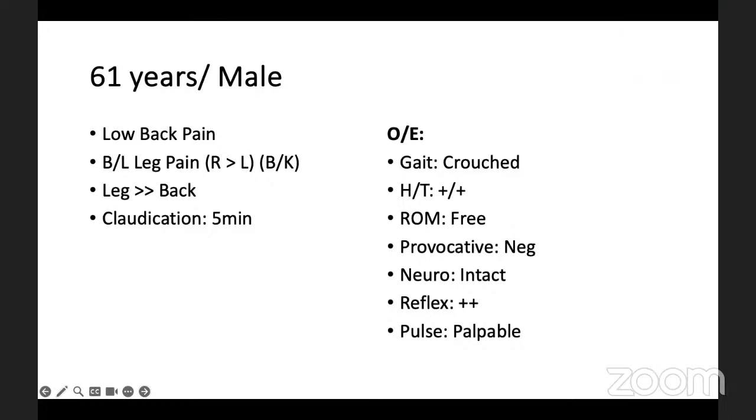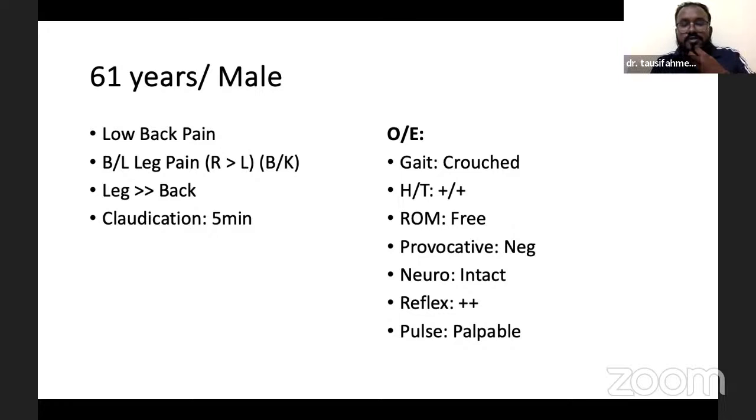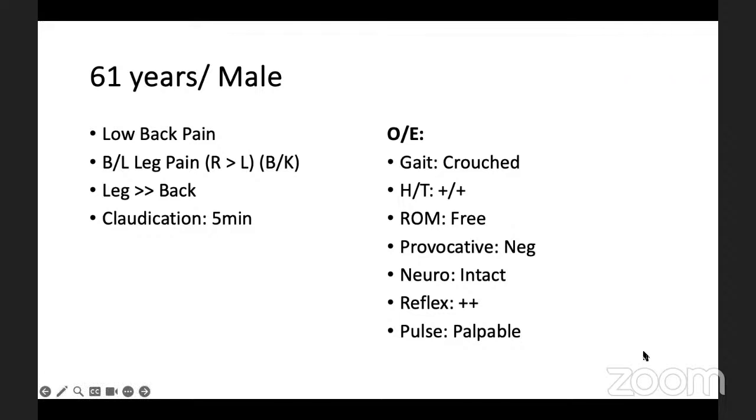Virendra? On the examination, how much claudication pain is after 5 minutes? Yeah, claudication is at 5 minutes, bladder and bowel is not involved, neurologically intact. Bladder bowel is absolutely intact. And still, I'm missing something in the history.